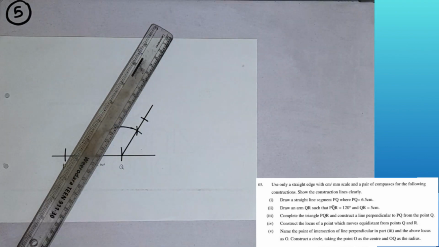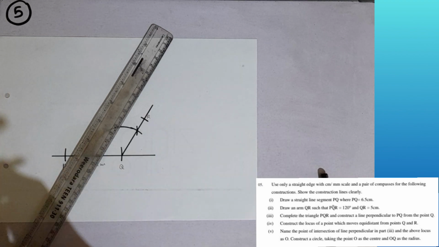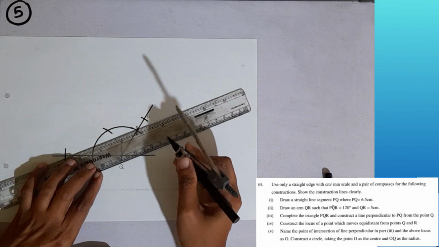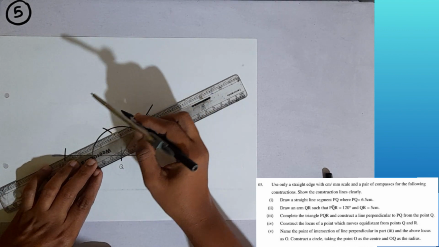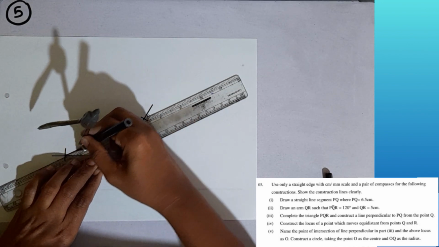This is the point R. So we can complete the triangle by joining P with R. P should be joined to R.